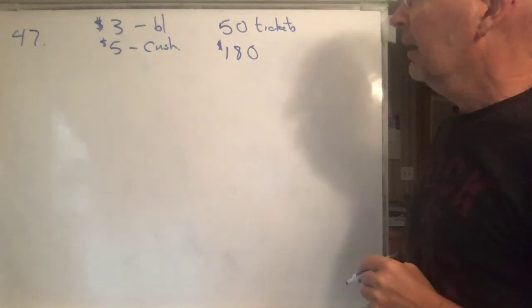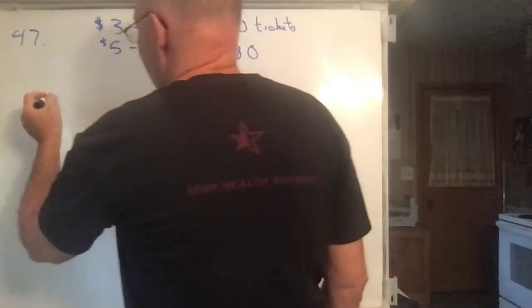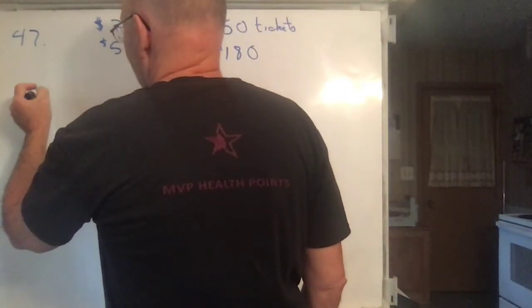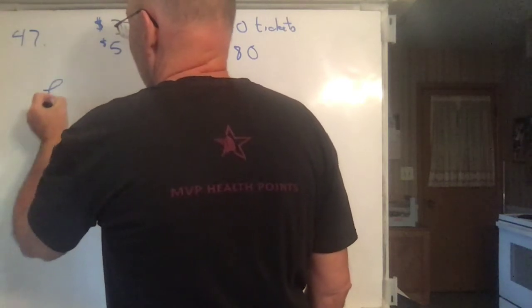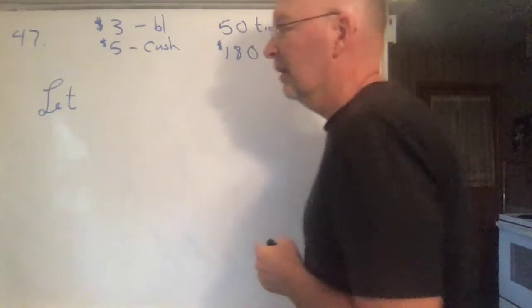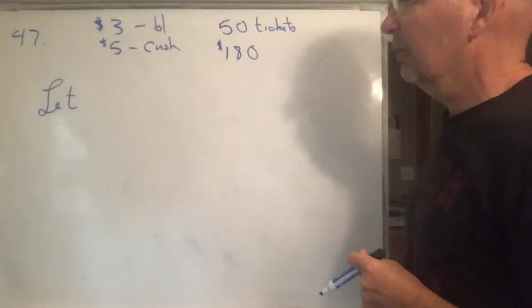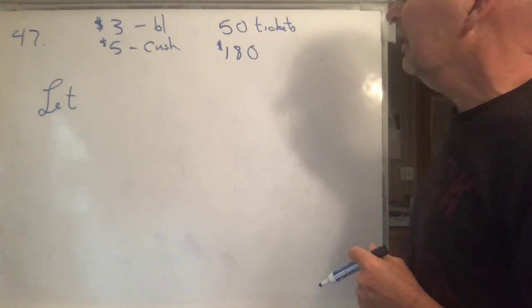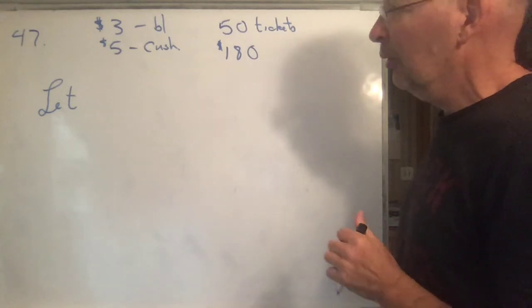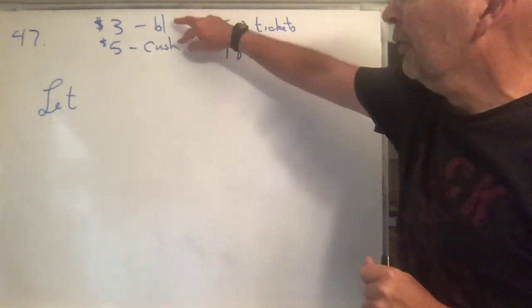So here's the power that you have as a mathematician, as someone who is doing a math problem. You can actually say "let," and you can solve a problem in the real world by assigning a variable like x or y to some physical thing.